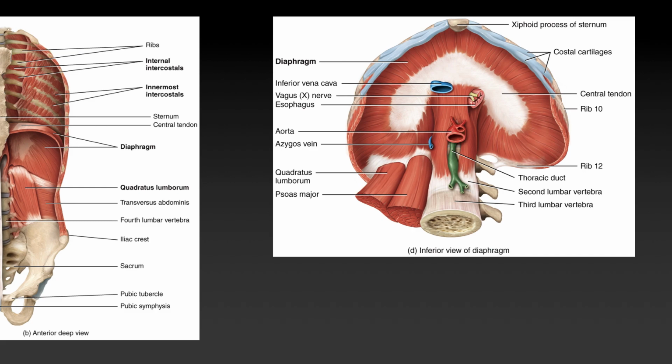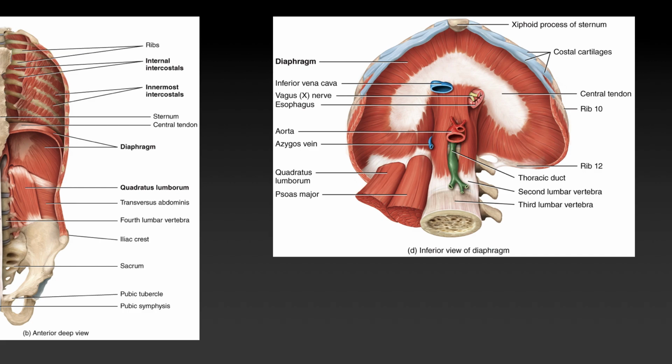What you're going to notice about the diaphragm that's really unique is that this is one of the only muscles that inserts on itself. The diaphragm originates around its border. So everything around this outer circumference is the origin of the diaphragm. And the specifics aren't important right now.